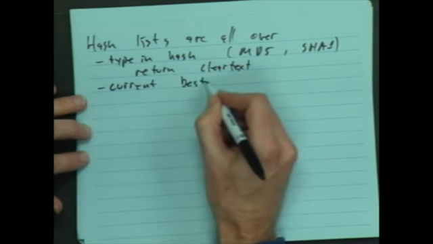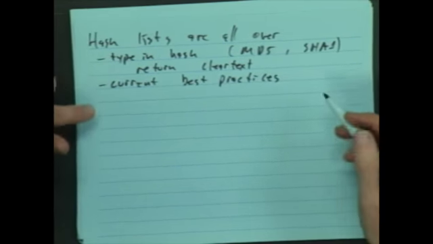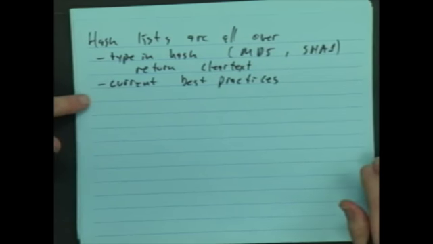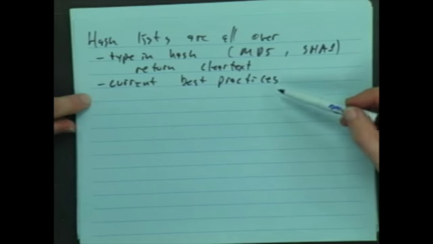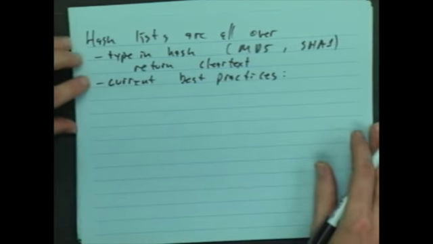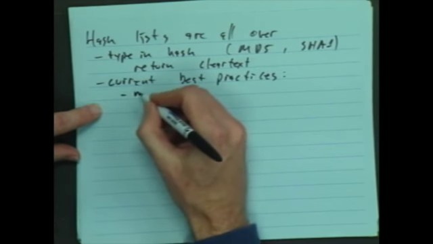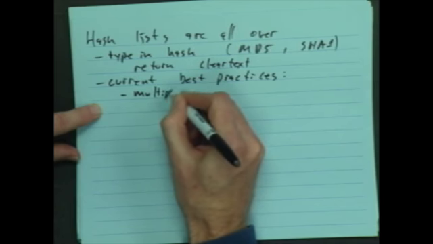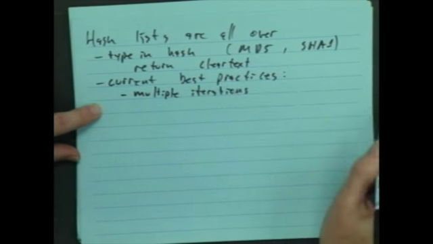The current best practices. I'm going to tell you the current best practices, and then you're going to go out and tell your company that they're doing it wrong. You're not going to say, I know how to do it, okay? This is still professionals. The current best practice, number one, is we use multiple iterations, okay?